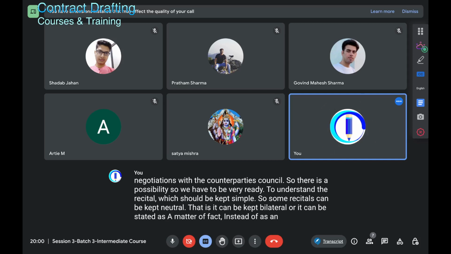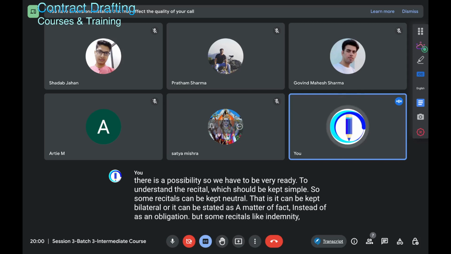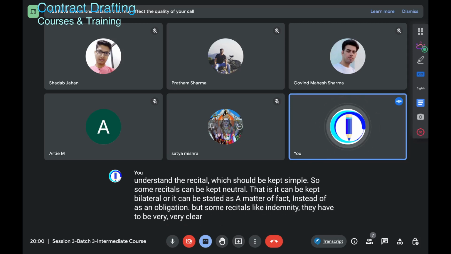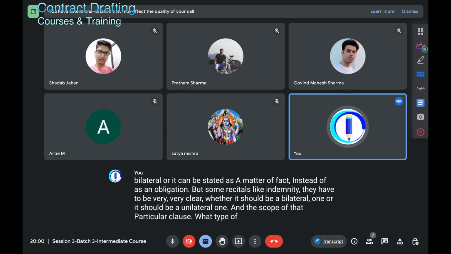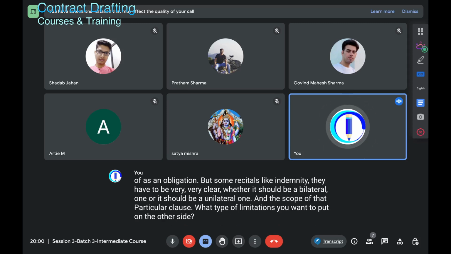But some clauses like indemnity, they have to be very, very clear whether it should be a bilateral one or it should be a unilateral one, and the scope of that particular clause. What type of limitations you want to put on the other side. So all those things we'll discuss in the next class.